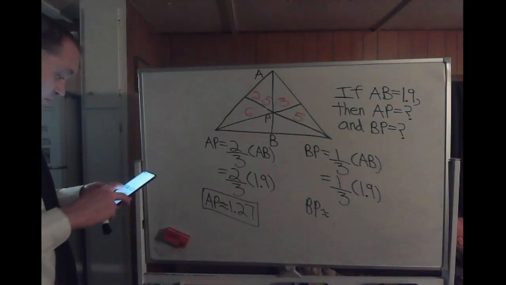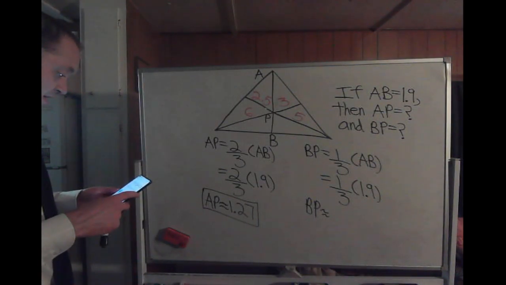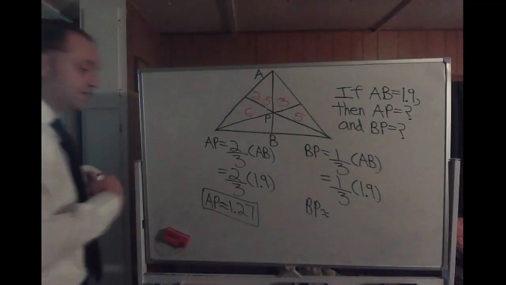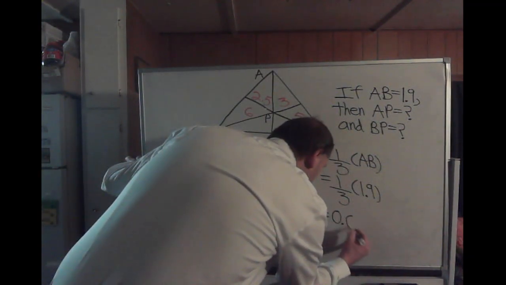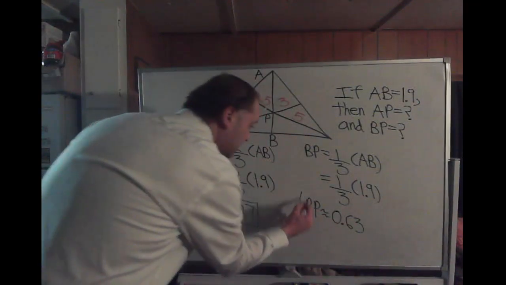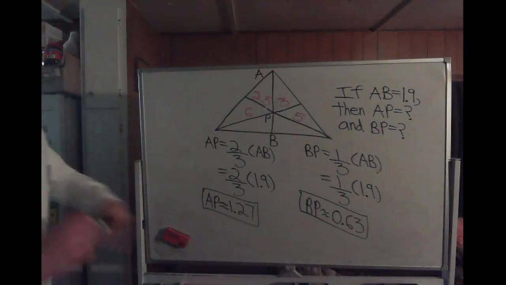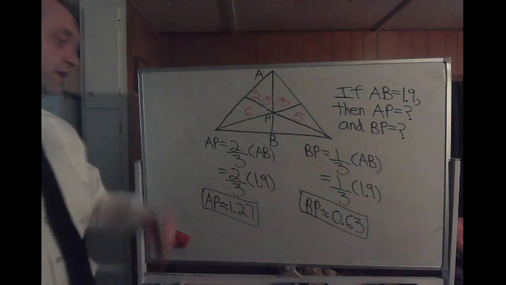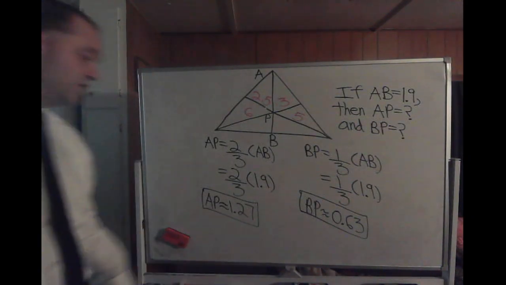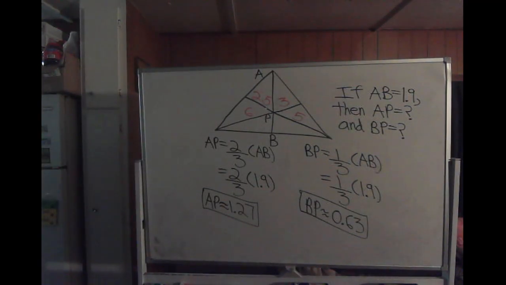So let's see, 1 divided by 3 times 1.9, that's about 0.63. So BP has a length of approximately 0.63. And if you added these together, I guarantee you, you would get 1.9 for the total length of AB. So that's that theorem at work so far.